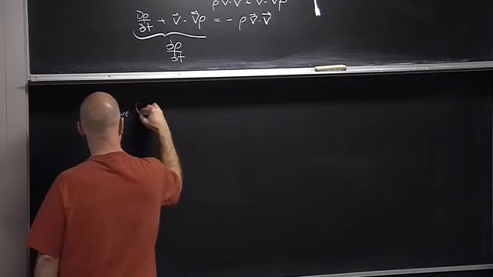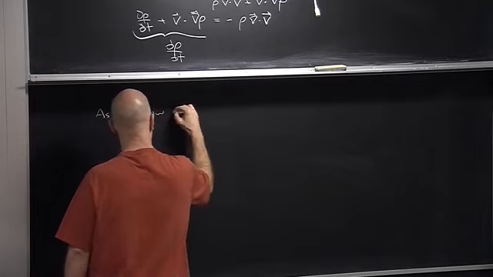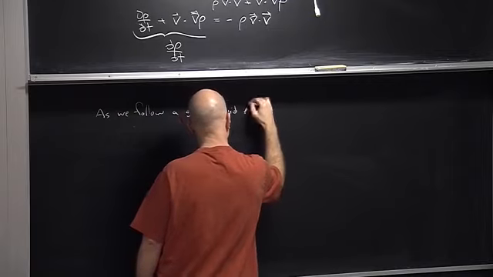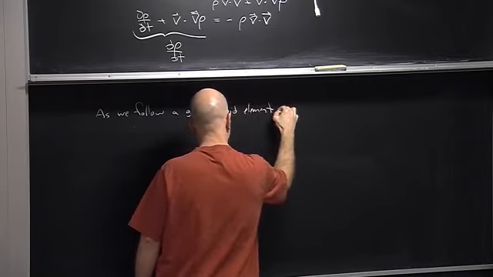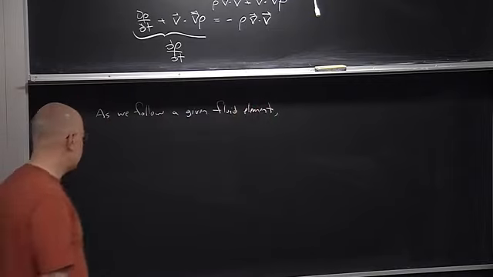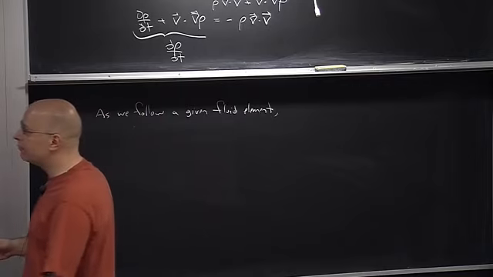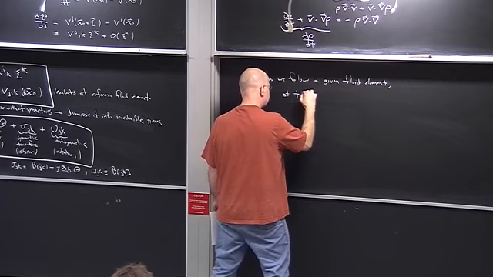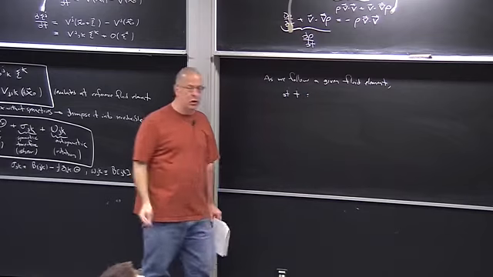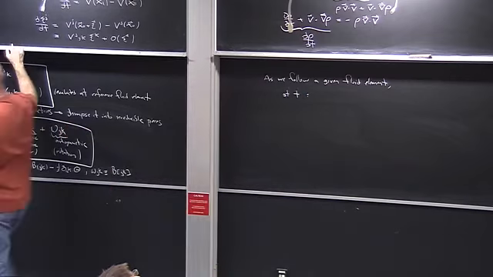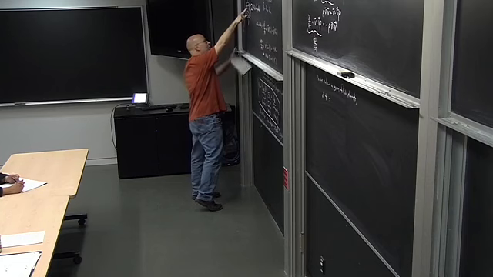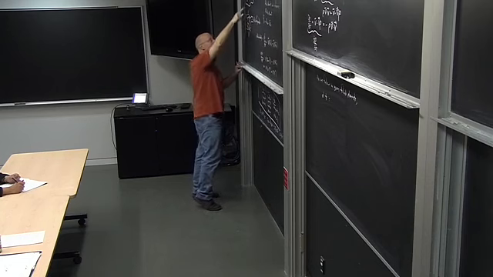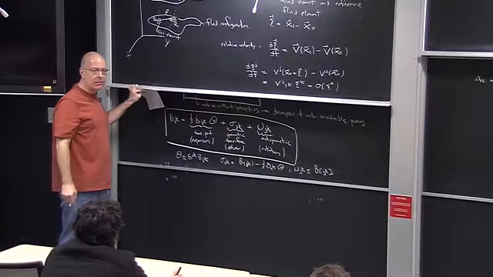As we follow a given fluid element, and we ask, so at t equals, let's focus on this fluid element over here. I'm going to be asking what is the density at t, and what is the density at a later time, t plus delta t.